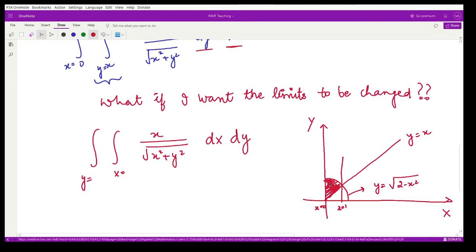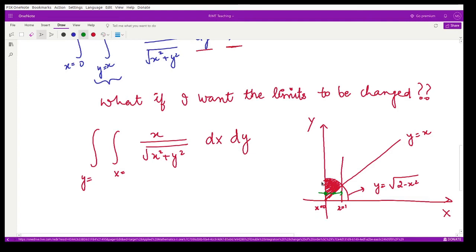Now instead of taking a vertical line, you will take a horizontal line. If you take it here, your lower limit would be the same, but the upper limit would be this particular line, y is equal to x.